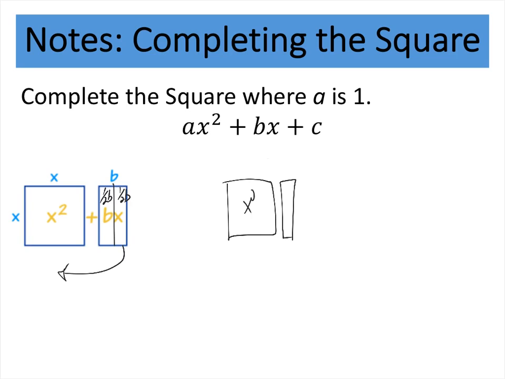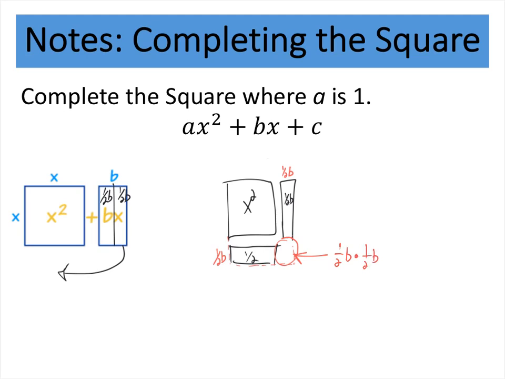So I've got an x squared, I have a half of a b, and then I have the other half of the b. And then if I'm thinking about the rest of this square, this is the missing piece. Well, what are the dimensions? I've got a half of b here, and I have another half of b here, and using multiplication, this box has an area of half of b times half of b.